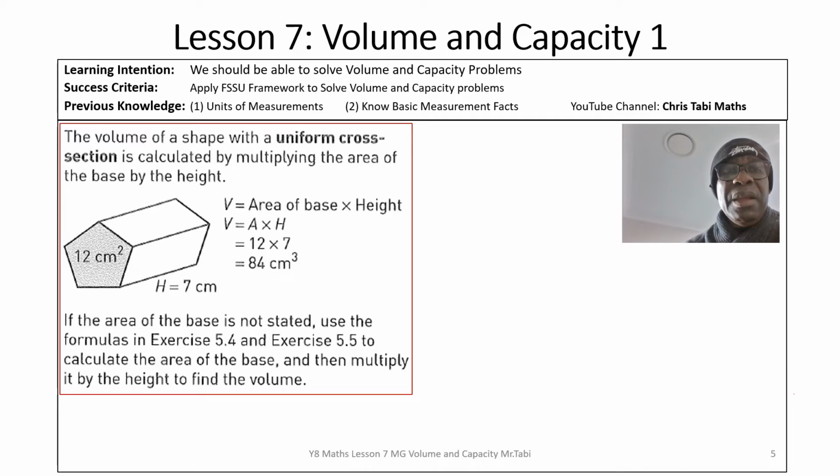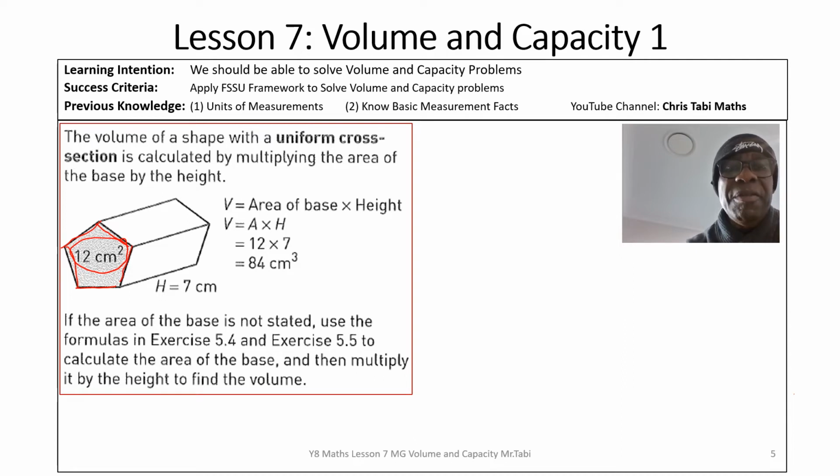So looking at this prism we have here, you can see that you can divide it, and this pentagon shape would be the cross-sectional area, and the cross-sectional area is given to us as 12 square centimeters.